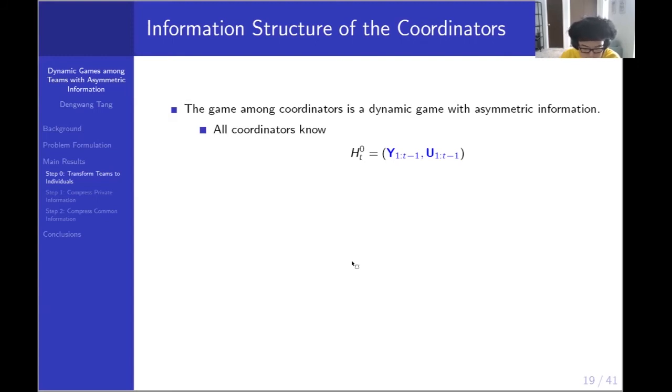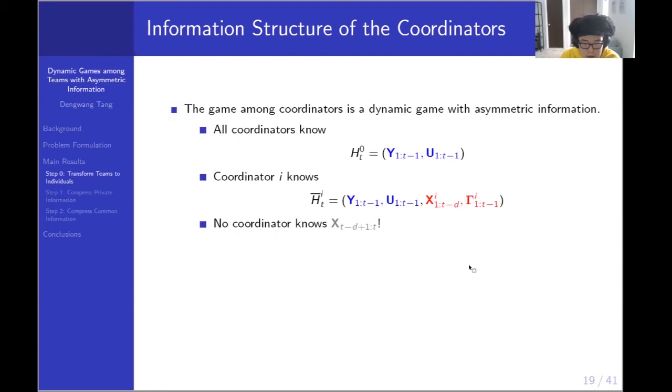That is the noisy observations and actions up to time t-1. Then each coordinator has some additional information, which contains the system state up to time t-d and the past prescriptions up to t-1. And after this transformation, no coordinator would have any knowledge about the states after time t-d.